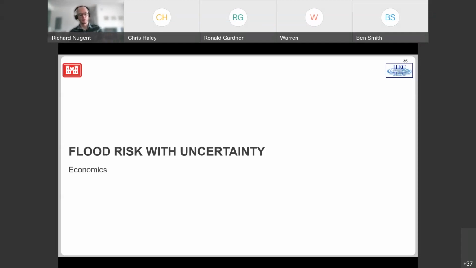But then if the flow rate is such that the pool reaches the top of the dam and overtops, then you could show the increase in outflows for that level of inflow. And so there you could capture the probability of dam breach or the consequences of dam breach. But that is a trickier part of the engineering that goes into HEC-FDA.